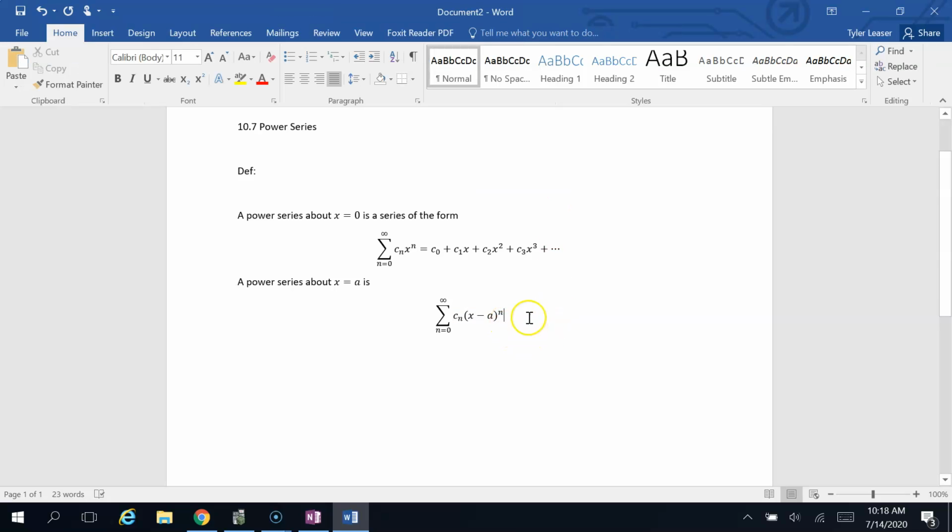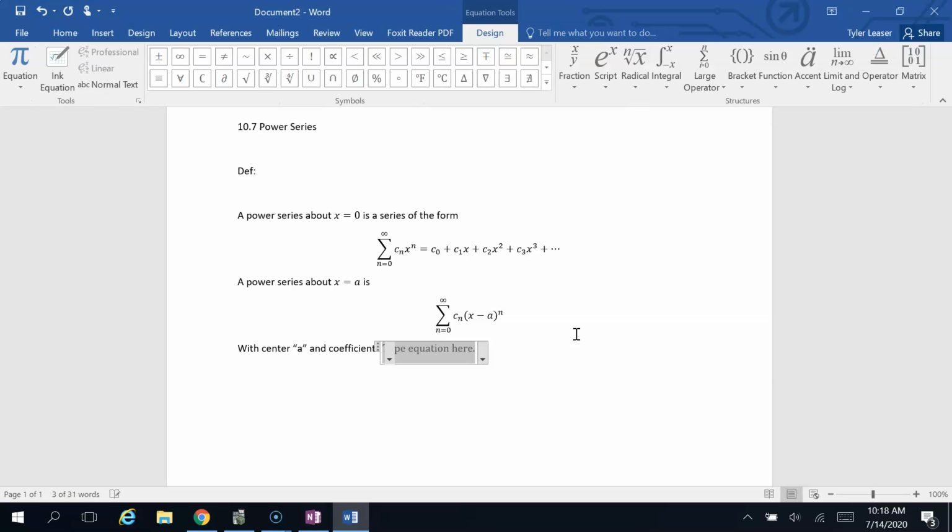You can kind of think of it like you're taking this infinitely long polynomial and we're just shifting it to the right a units, or to the left if it's a negative a. Okay, a little bit more with this. We say that this has a center a and coefficients, those c sub n's.